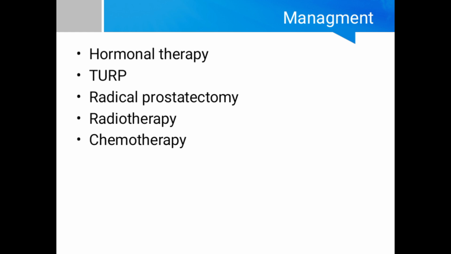Management: either hormonal therapy, or transurethral prostatectomy, or radical prostatectomy, or radiotherapy, or chemotherapy in the case of invasive carcinoma. But in a local lesion, we can do transurethral or radical prostatectomy. That is all. Thank you so much.